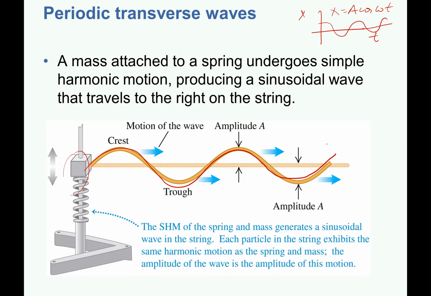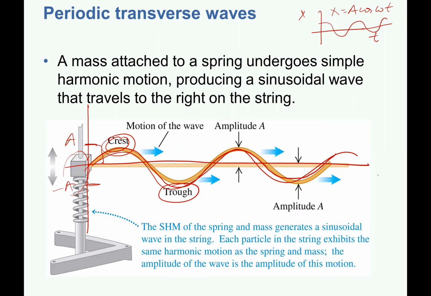One thing we can do is look at the highest position the string will get. We call it a crest. And the lowest position the string will get is called a trough. In a coordinate system, the crest reaches the highest position, let's use A for that, the amplitude, like with simple harmonic motion. And then the trough will be negative A. We call this distance the amplitude of the wave.